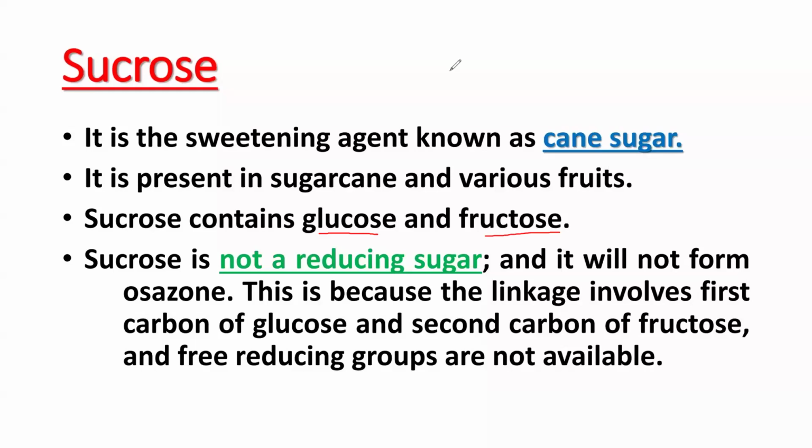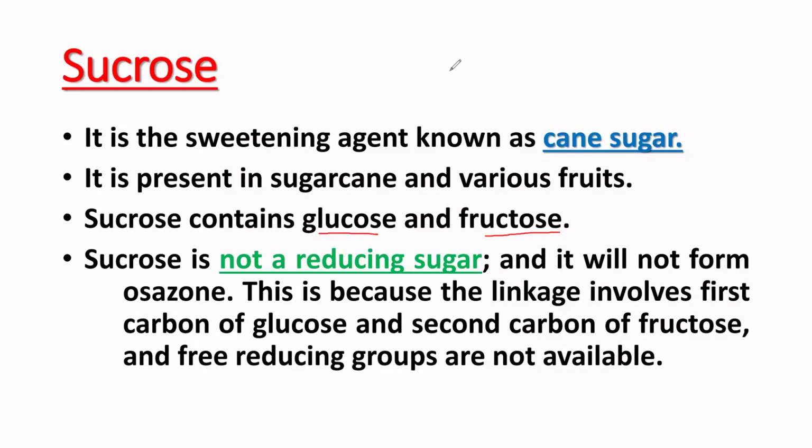So ladies and gentlemen, sugars can also be classified as reducing sugars or non-reducing sugars. Sugars that don't have free reducing groups are considered non-reducing sugars, while sugars that have free reducing groups are considered reducing sugars.